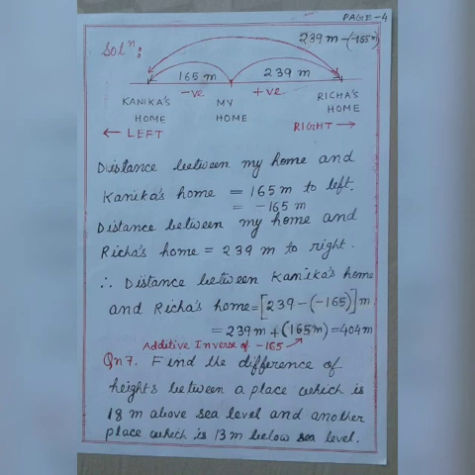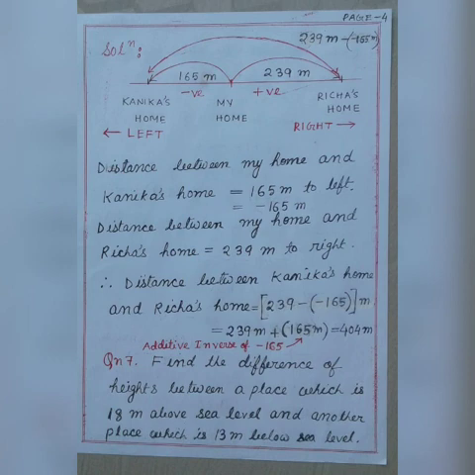So distance between my home and Kanika's home is 160 meter to left. Left side is negative, so I have put one negative sign before 165 meter. Distance between my home and Richa's home is 239 meter to right. So 239 meter is positive.